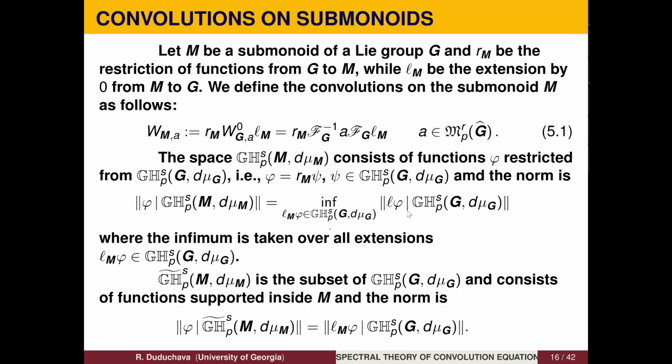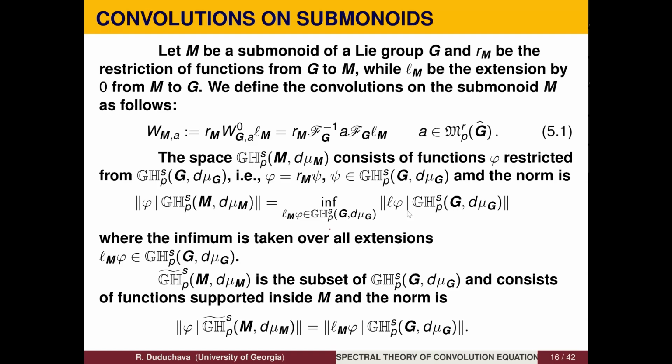Okay, first of all, we define the convolution equation on a submonoid. For this we take the operator R_m, which is the restriction of functions from the group to the submonoid. It restricts a function from the group to the submonoid. Then we take L_m, which extends a function from the submonoid to the Lie group by zero.